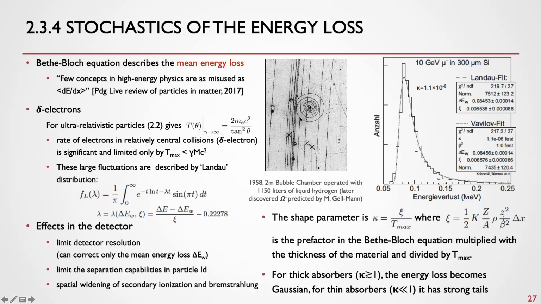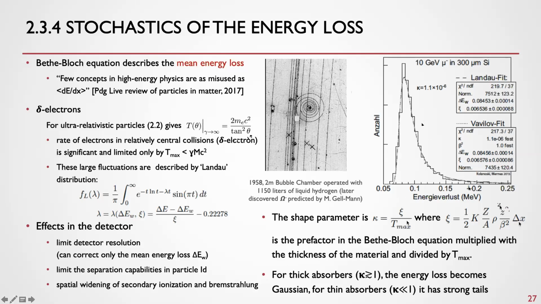And so it averages out, and therefore you see a similar energy loss for all the particles. If your detector is thin, for most of the particles, there are no such secondary delta electrons being produced, but for some of them they are. And in that case, you get a long tail.